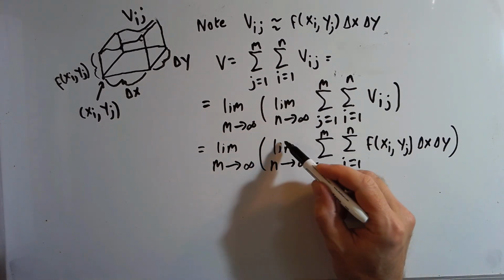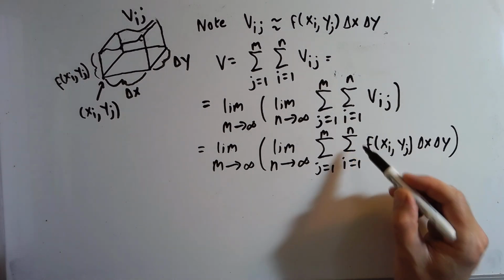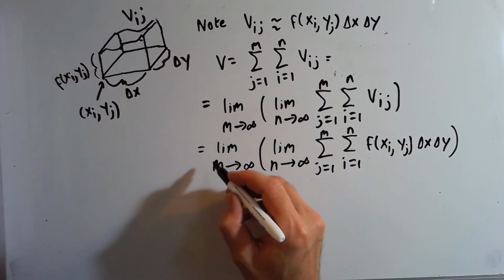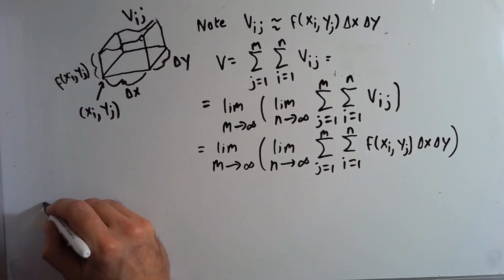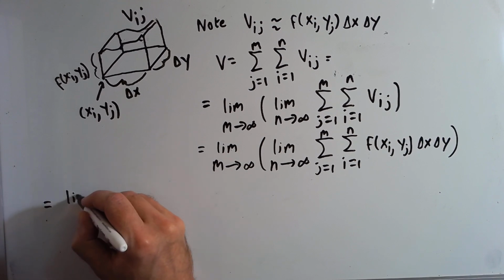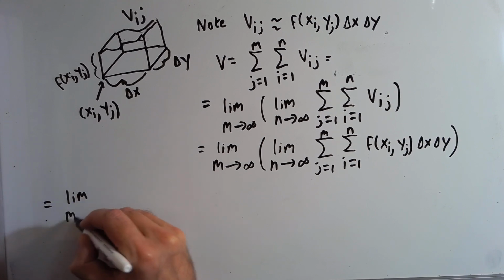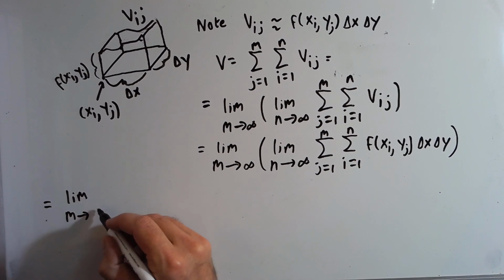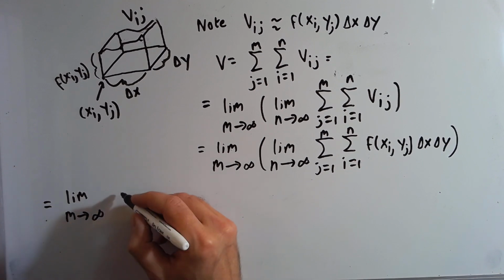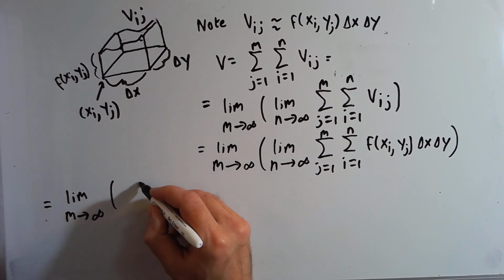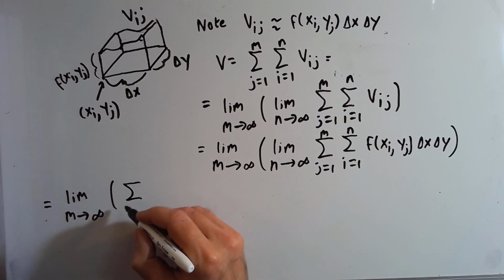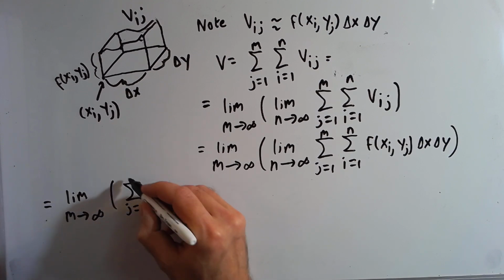I can then bring this limit with the n over here, so I'll write it over here. Equals limit as m goes to infinity of the summation j equals 1 to m.